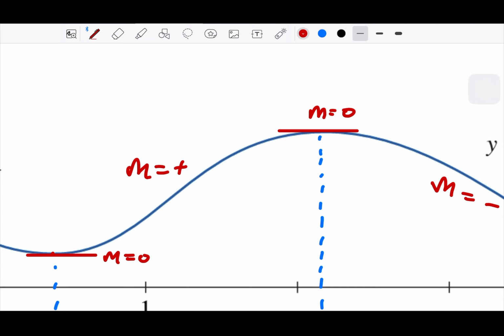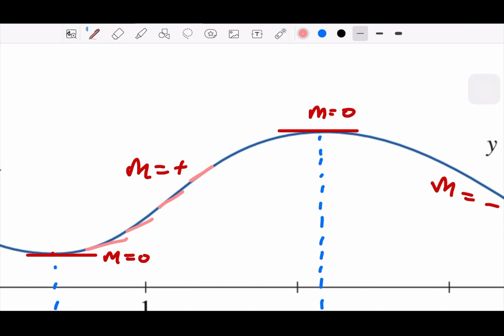Okay, it goes plus, but let's see how the plus will be. It's plus, okay. But at this point, if I draw for you here, maybe after this point, it's actually going down, but still plus.